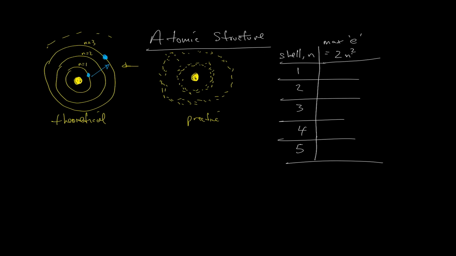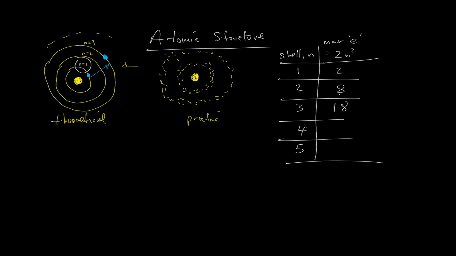The n value is on the left here. So shell 1: 1 squared is 1, 2 ones are 2. The second shell: 2 squared gives you 4, 2 fours give you 8. Third shell: 3 squared gives you 9, 2 nines are 18.